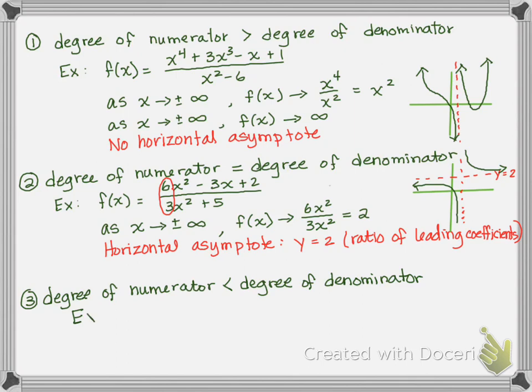So for example, f of x equals 6x minus 4 over x squared plus 3x plus 1. So the degree of my numerator is 1, and the degree of my denominator is 2. So I see that the degree of the numerator is smaller than the degree of the denominator.